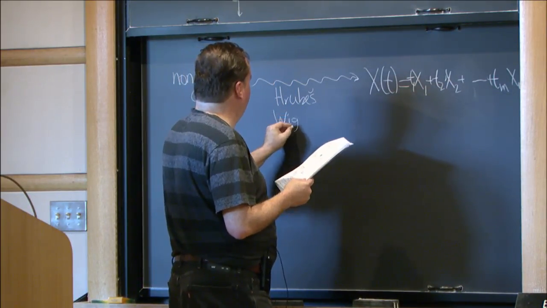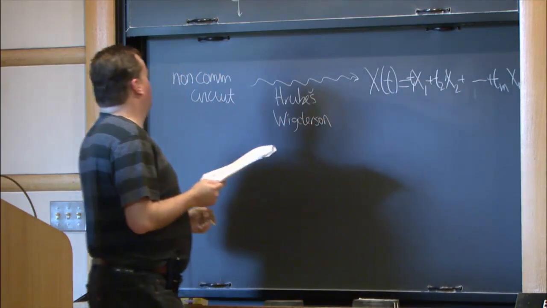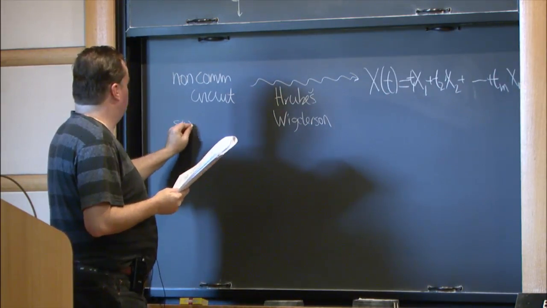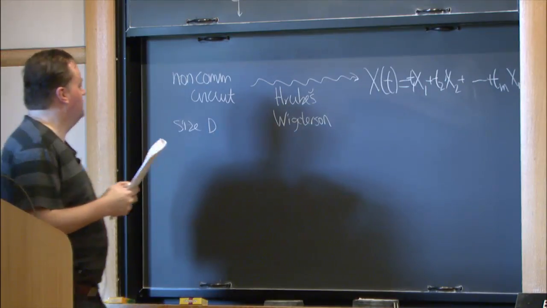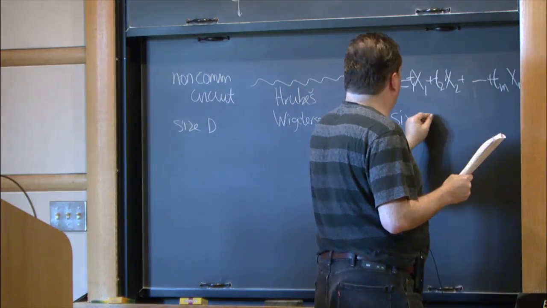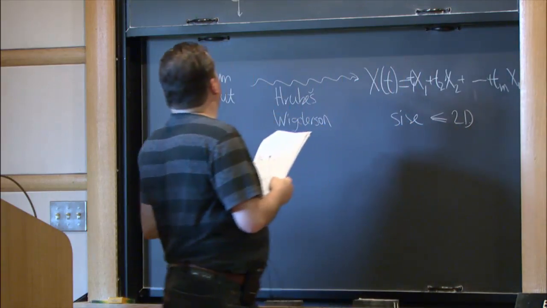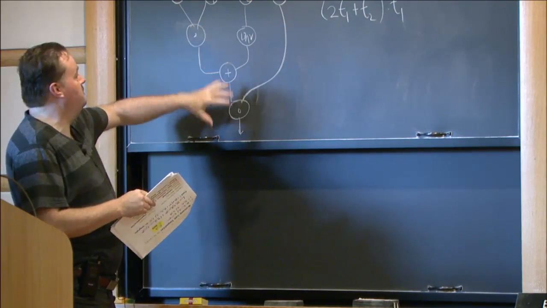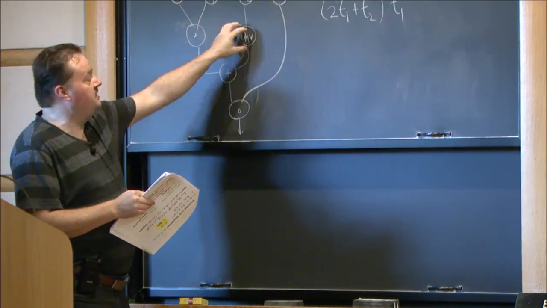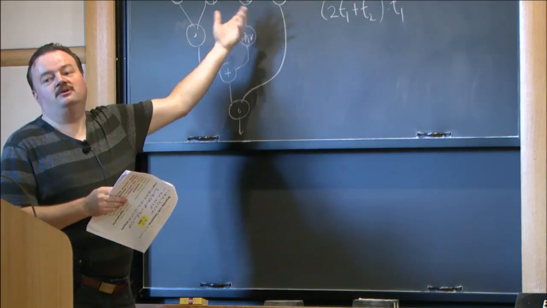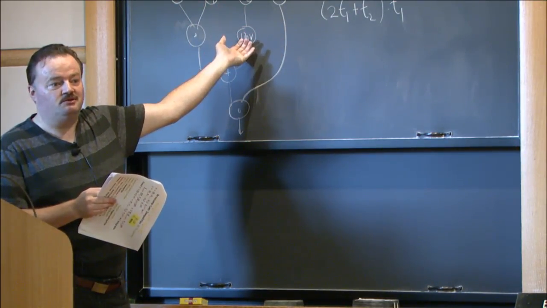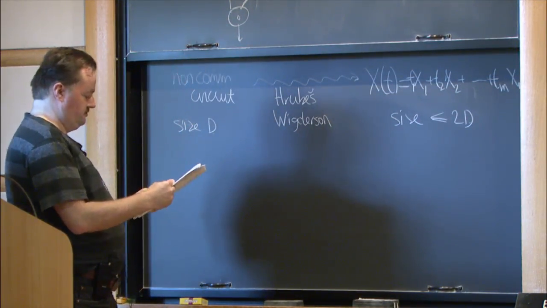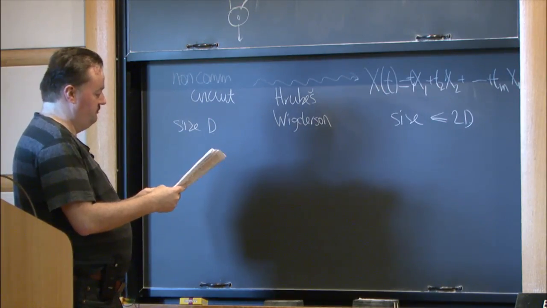And Avi. And if this has size, say d, where the size is just the number of gates, then this has size at most 2d. Now, if you have a non-commutative circuit, then one fundamental question is whether this thing is actually defined. In particular, if you take the inverse of something, you can't take the inverse of something that's 0, right? So the question is whether this circuit is defined.